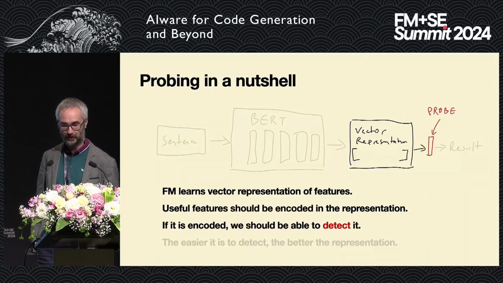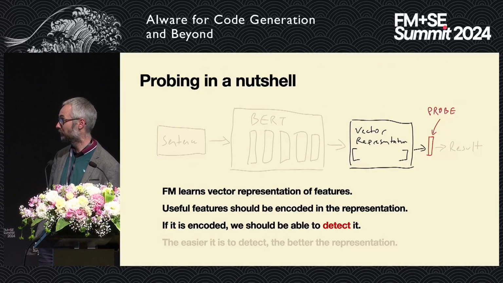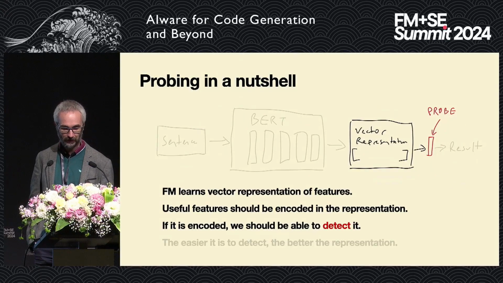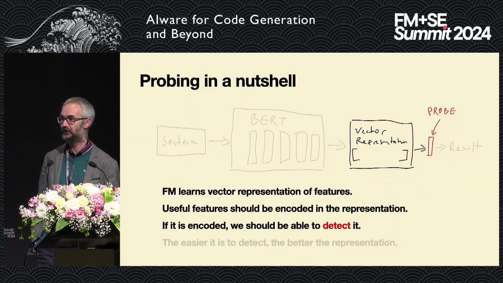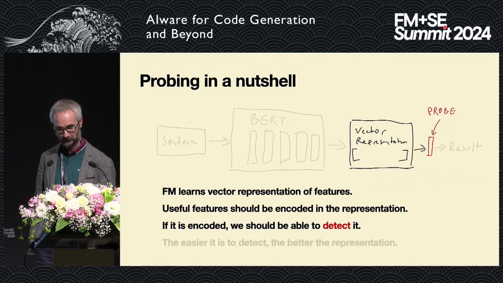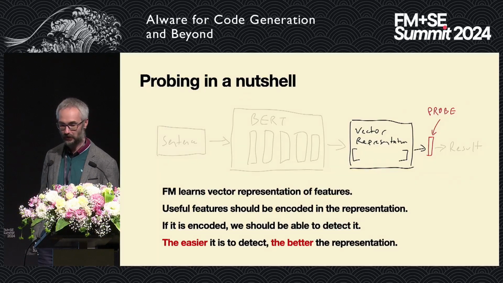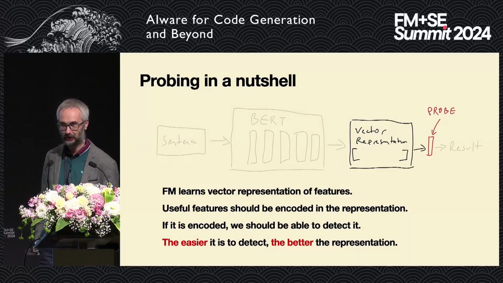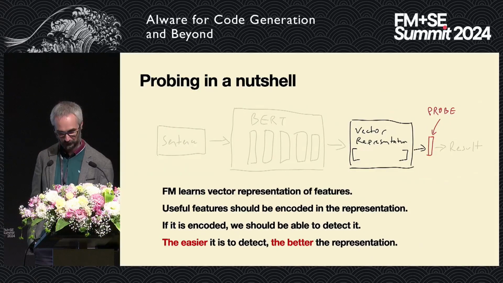If they are useful and encoded in the representation, then we should be able to detect it. The idea of this probing paradigm is that the easier it is to detect a given feature, the better the initial representation is.